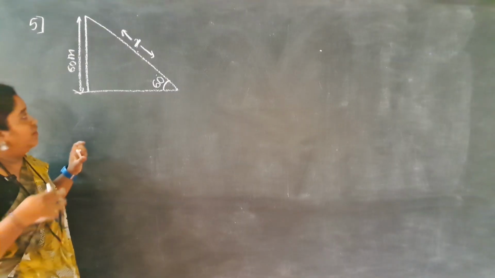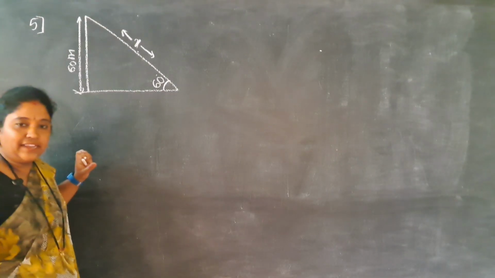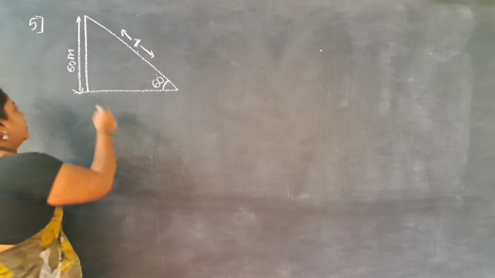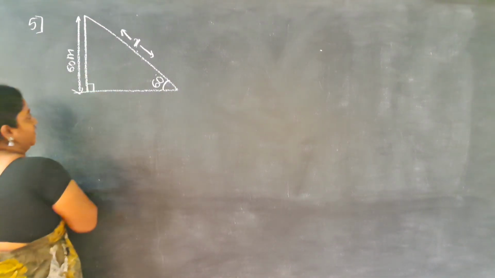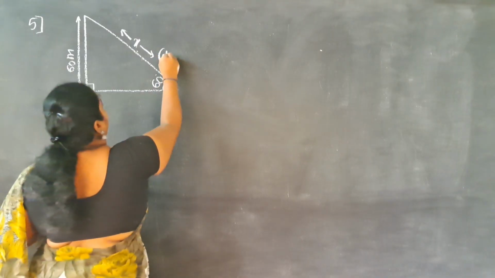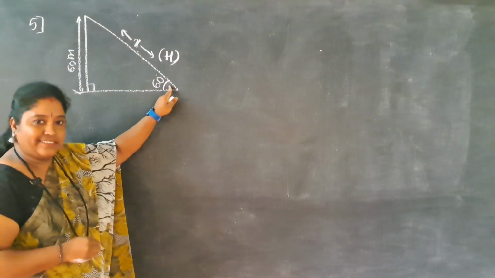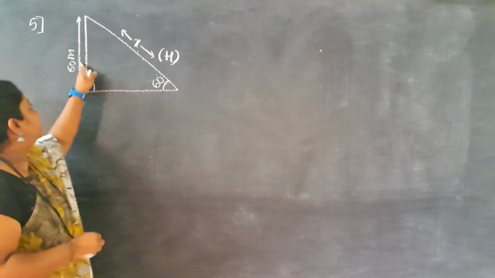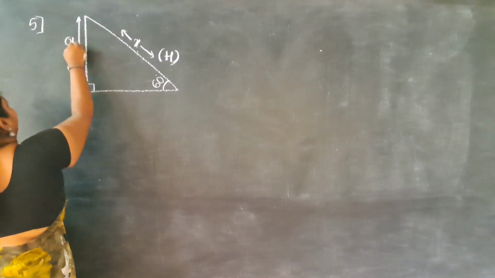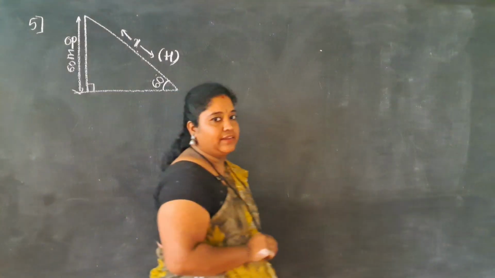Now the diagrammatical representation is over. Now we need to do the side conventions. What do we do here? If it is 90 degree, then the side which is opposite to 90 degree is nothing but what, dear? Hypotenuse. Now I am talking with respect to the 60 degree. With respect to the 60 degree, this will become my opposite. Adjacent is not necessary for me, so I am not going to write it.